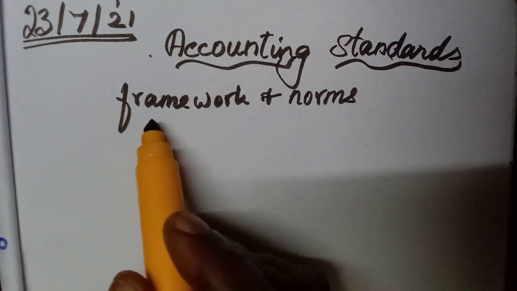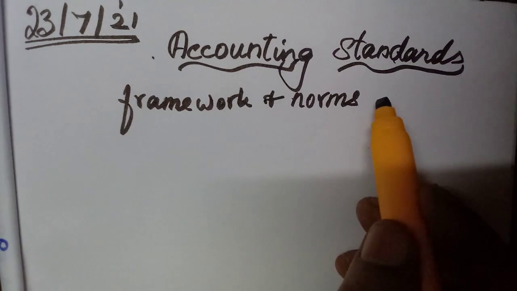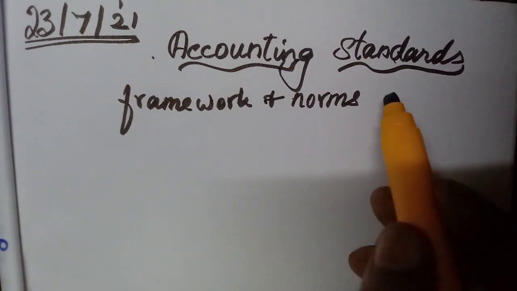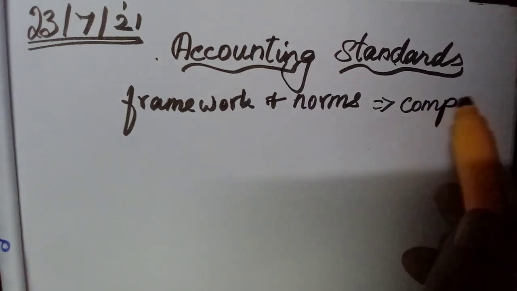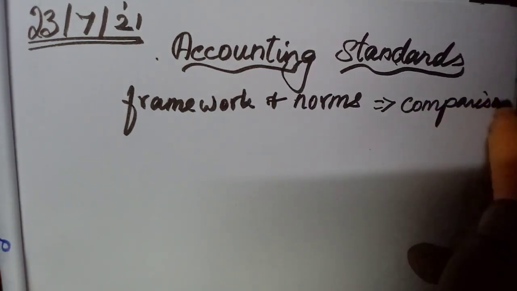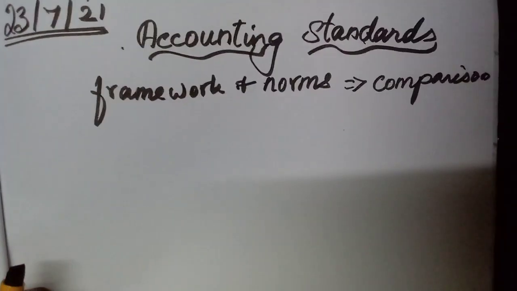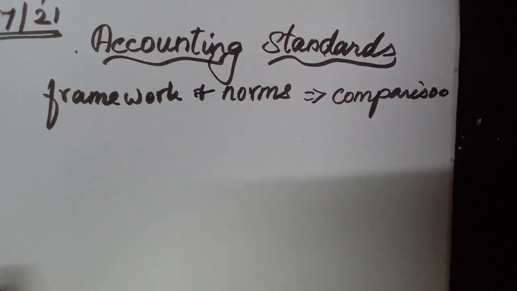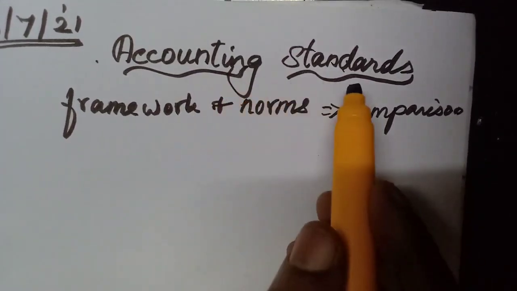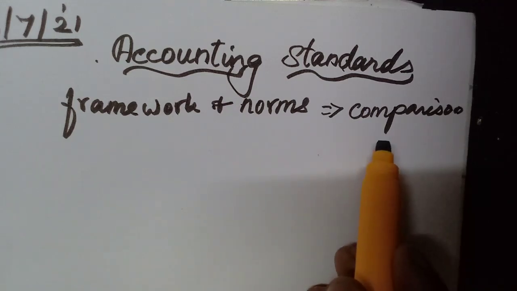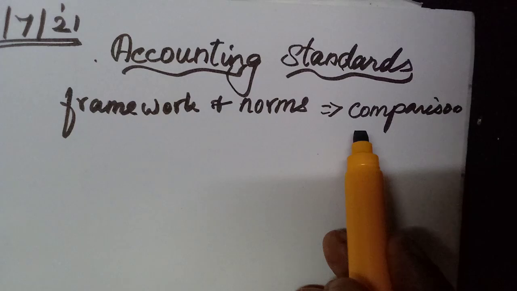So this framework and norms should be followed in accounting, then only we can have the comparison of the financial records, financial statements of the different enterprises. If we follow the accounting standards, we can have comparison between 2 or 3 organizations.